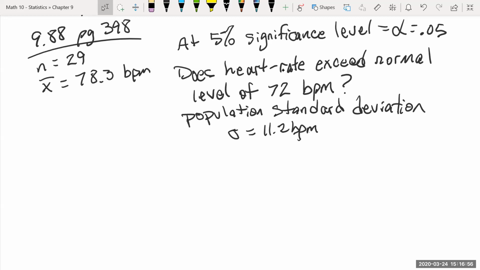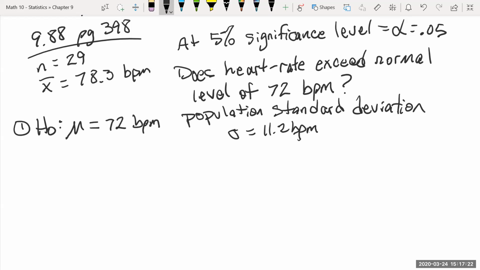A lot of talking, but we haven't done a hypothesis test before. Here's where the hypothesis test starts. Step one, list our hypotheses. For the null hypothesis, we always assume that what it was is what it is. They said the mean heart rate of the population was 72. We're going to assume that this population mean is 72 beats per minute.